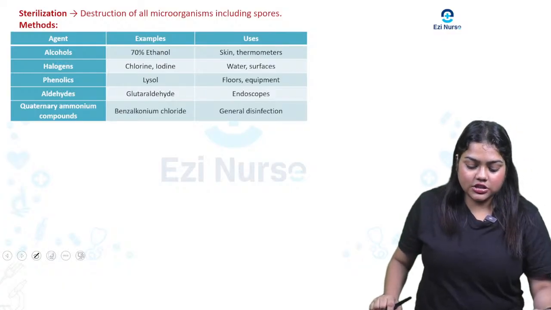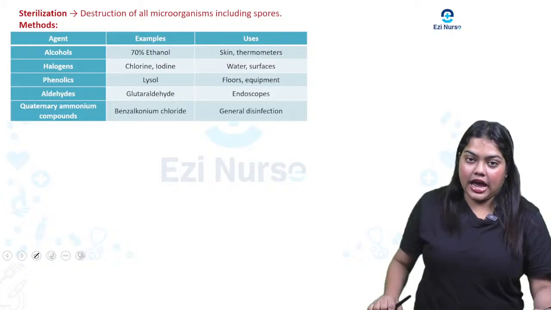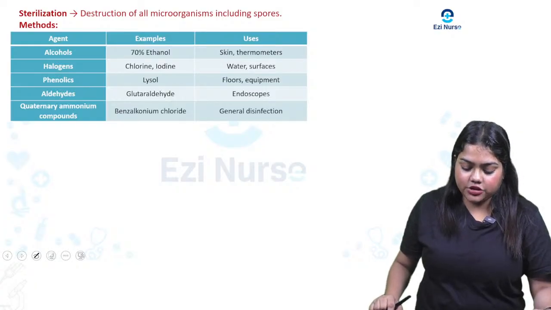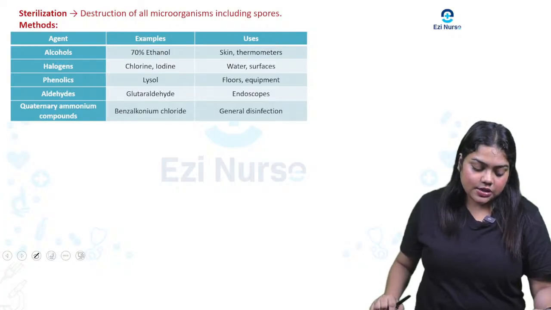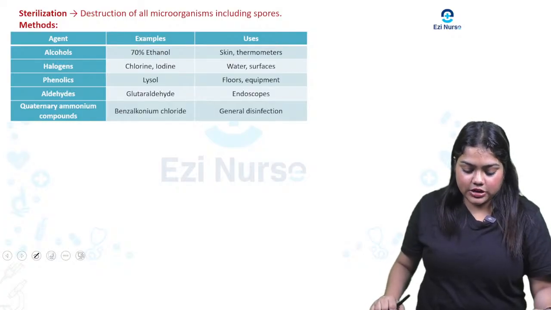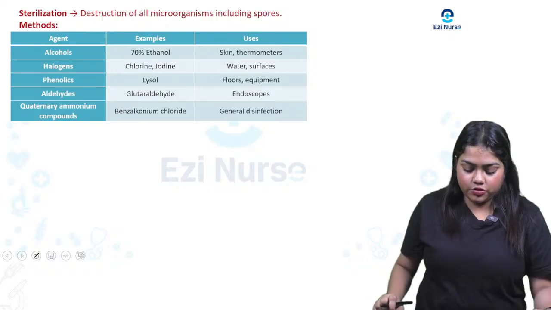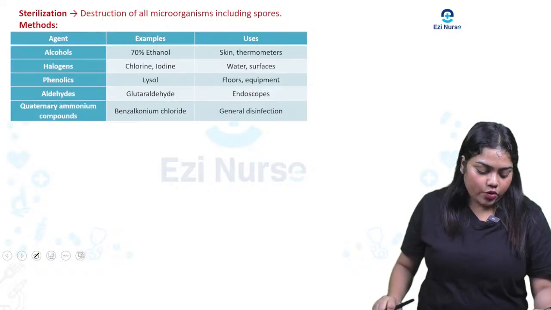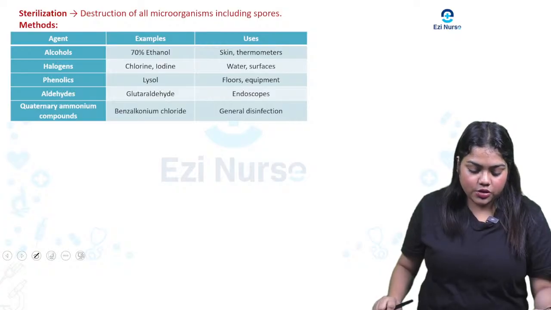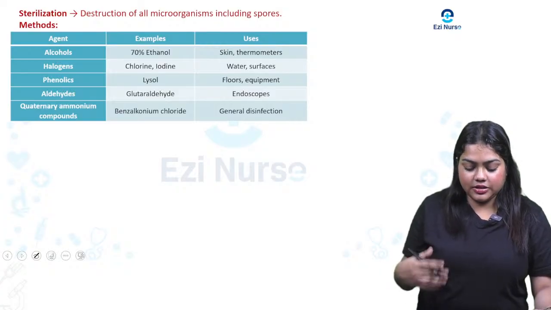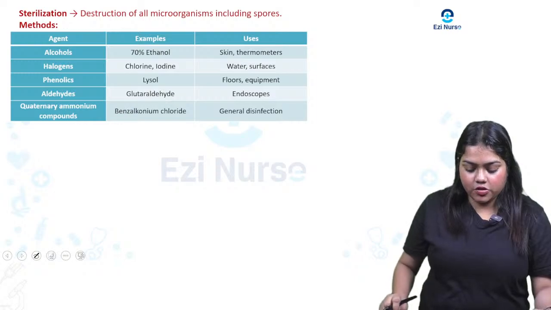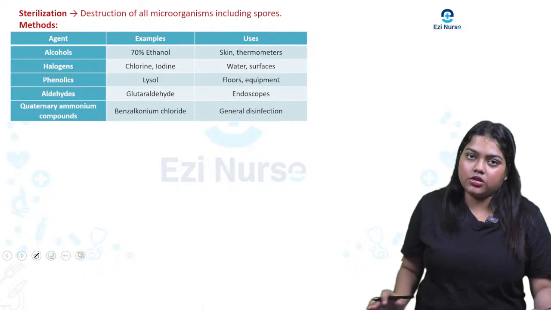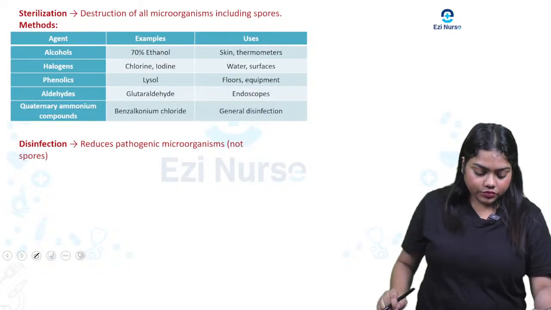Halogens, such as chlorine and iodine, are for water and surfaces. Phenolics like Lysol are for floors and equipment. Aldehydes, mainly glutaraldehyde, are used for endoscopes. Quaternary ammonium compounds, such as benzalkonium chloride, are used for general disinfection, like wounds.